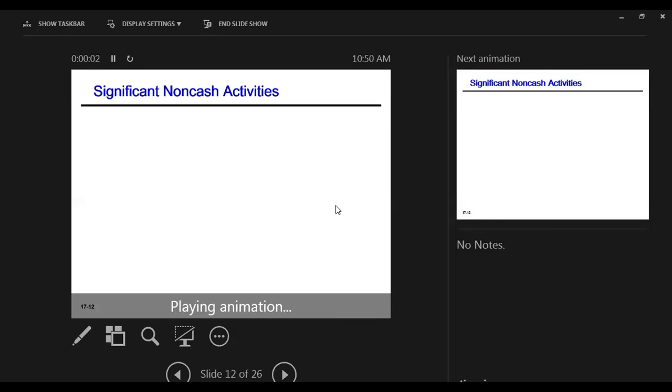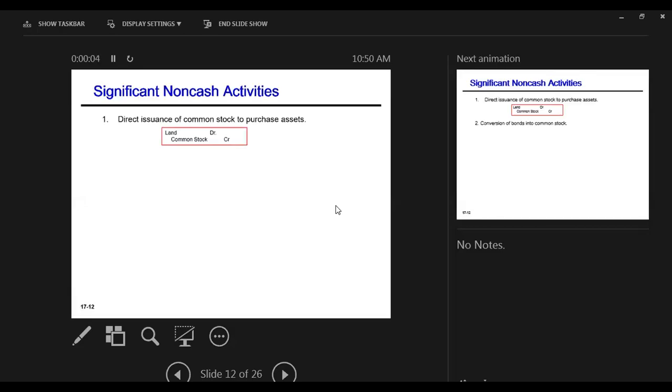Look at the first journal. Your company buy some asset, but your company do not have any cash. I told you that your company can buy property, plant, and equipment, right? So here your company buy property, plant, and equipment means your company buy land.